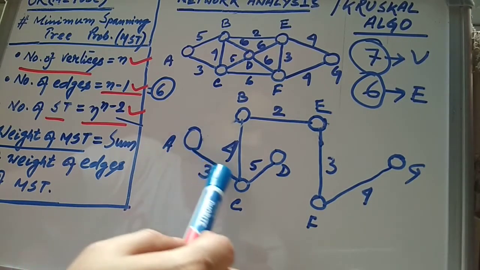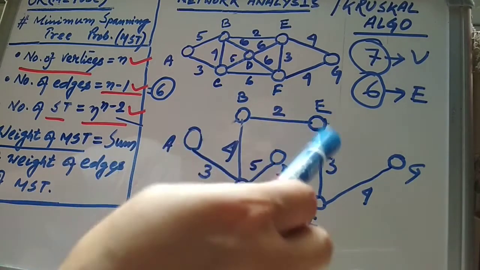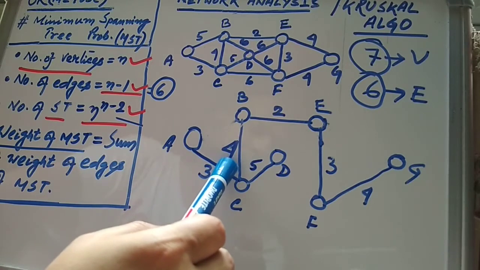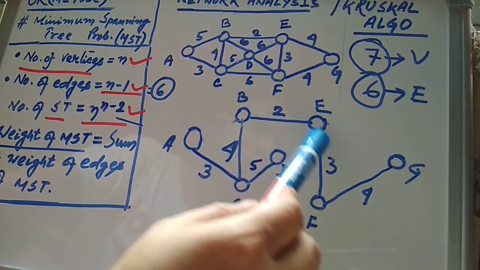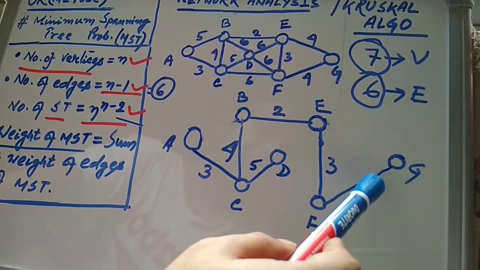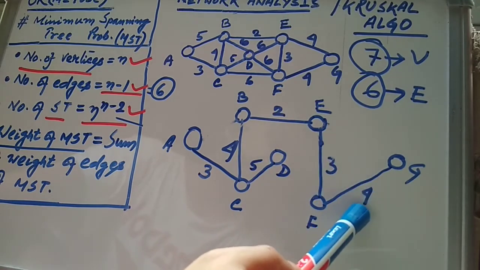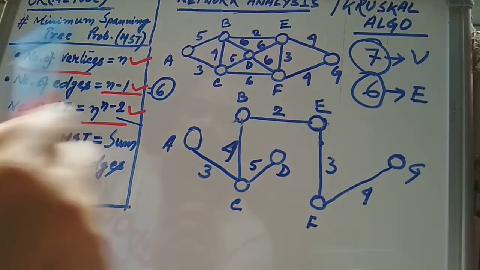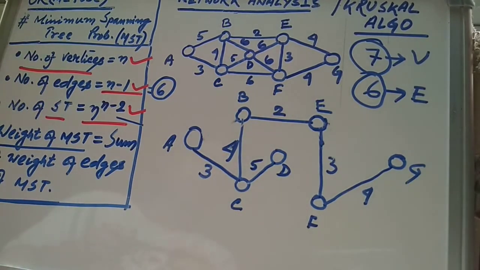Now let us calculate again for this spanning tree. 3 plus 4 gives 7, 7 plus 5 gives 12, 12 plus 2 gives 14, 14 plus 3 gives 17, and 17 plus 4 gives 21, which is much less than the previous spanning tree.